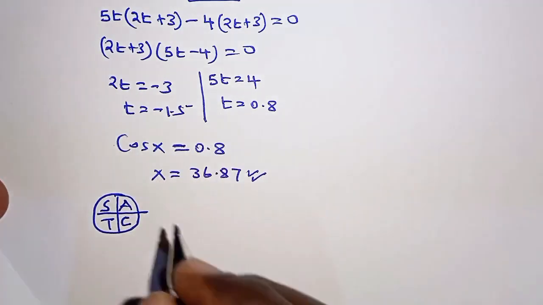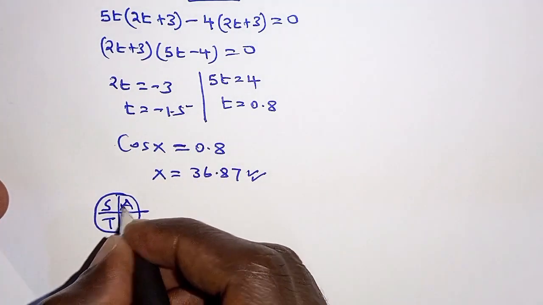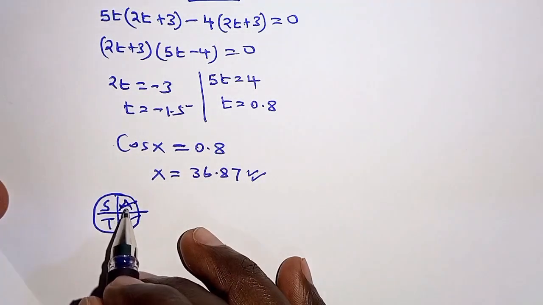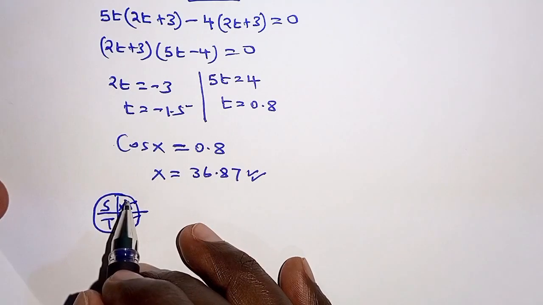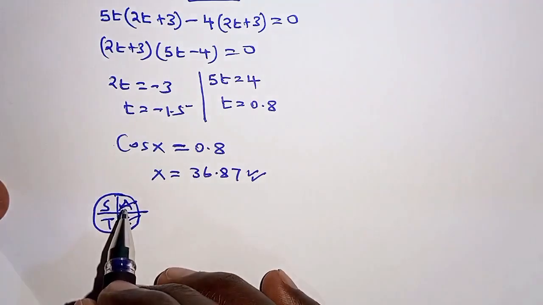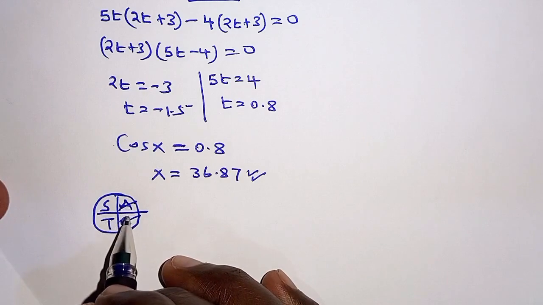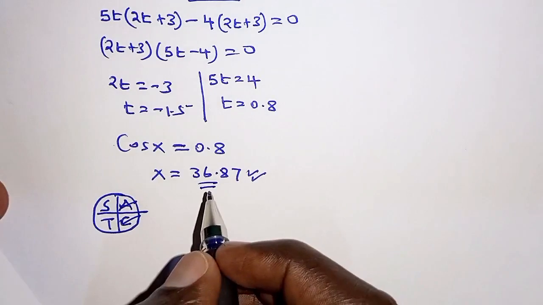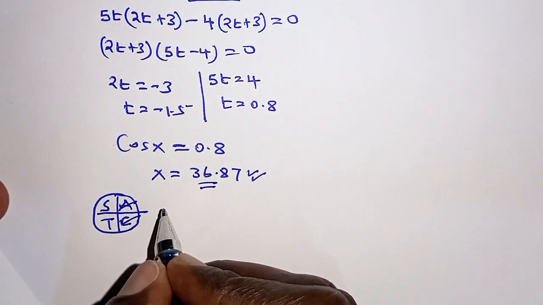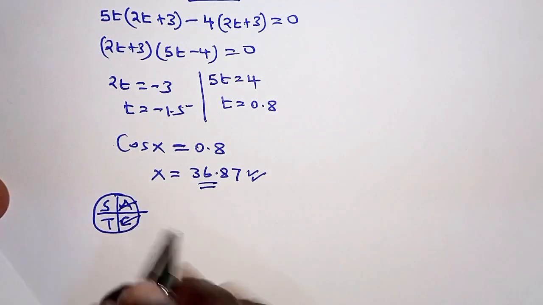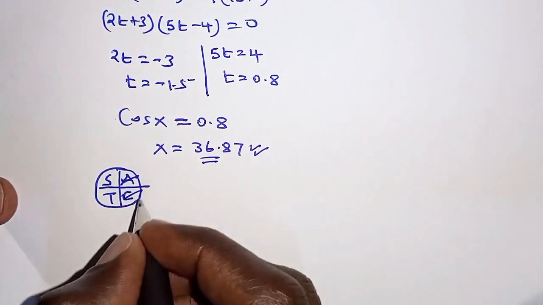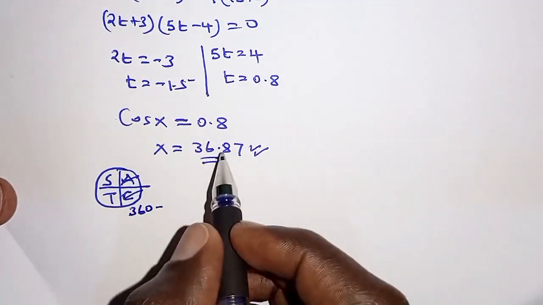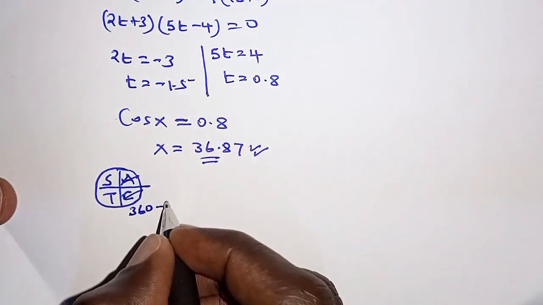So since it is positive, we'll consider the first quadrant and the last quadrant. But for the first quadrant, all the values of the angle are acute, and therefore we will not consider that in our solutions. That would therefore mean that this value here will not be included in the list of solutions. But for this other quadrant, we'll have 360 minus the acute angle, and the acute angle in question here is 36.87.